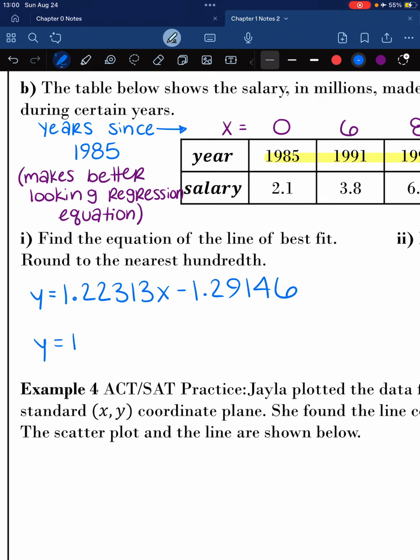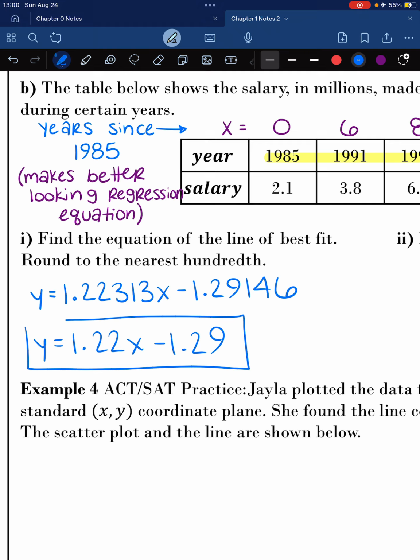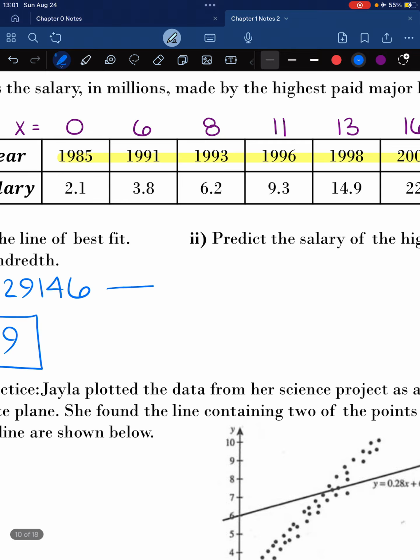Then I'm going to go ahead and follow directions and round to the nearest hundredth. And I just get much smaller numbers since I'm not using numbers in the thousands for my input there.